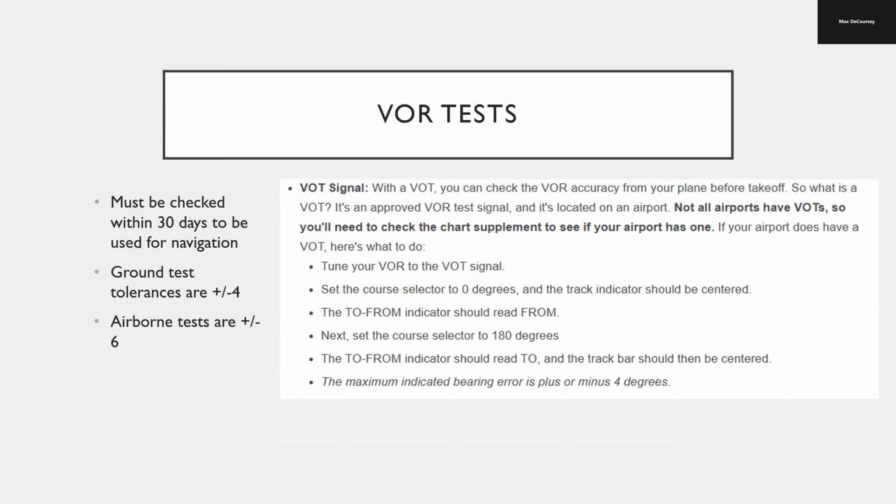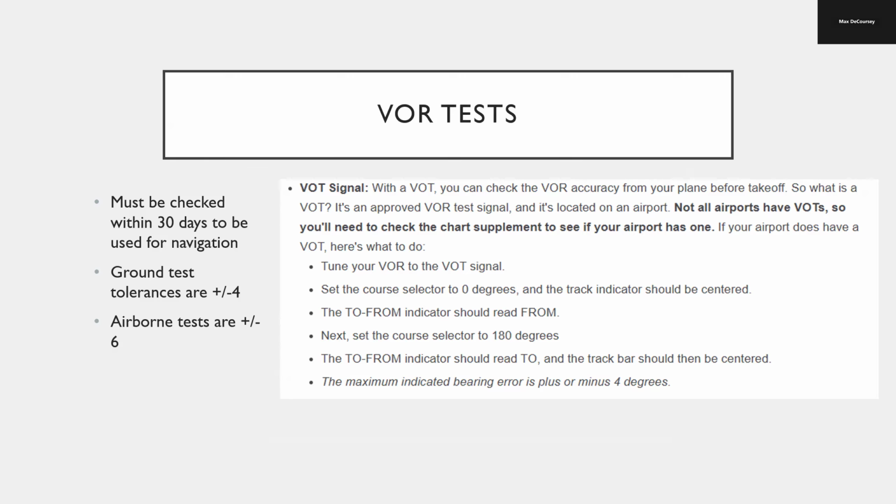You'll set the course selector to 0, and it should line up. You set it to 0 and it should be centered and it should say from. Then you should set the course to 180 and it should say to. The maximum error allowed on this is plus or minus 4 degrees. So 180 and it should say to, or 0 and it should say from.